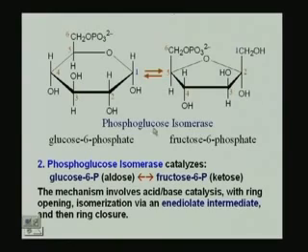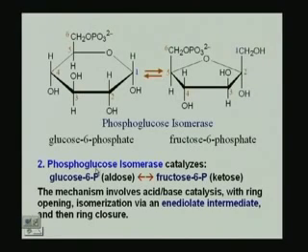It is a phosphoglucose isomerase, and what is happening here is the glucose 6 phosphate forms a fructose 6 phosphate, where instead of the aldehyde now, the aldose, you have a ketose. Right? You have the CH2OH up here now. Okay. So, we have glucose 6 phosphate go to fructose 6 phosphate.